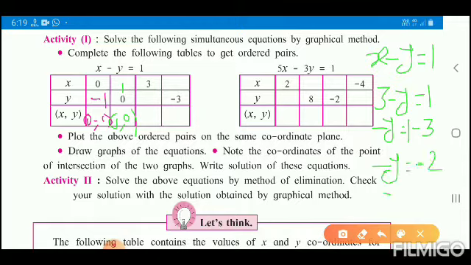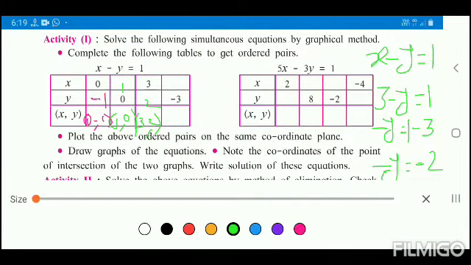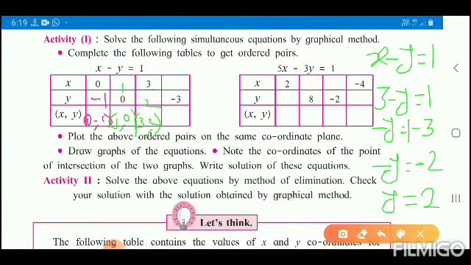Negative on both sides will become positive, so y is equal to 2. Like this you have to solve the equations and write the values of x and y in the boxes. Now if y is negative 3, then x will come negative 2. So here (negative 2, negative 3).